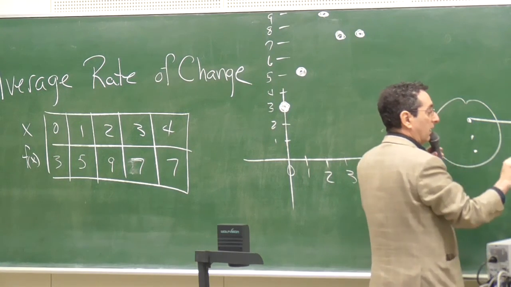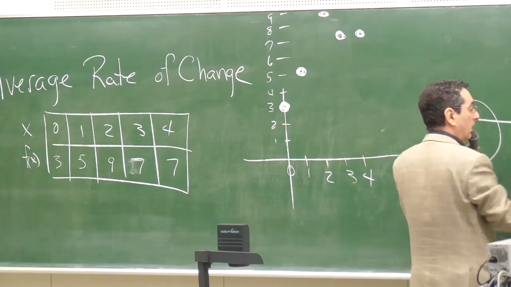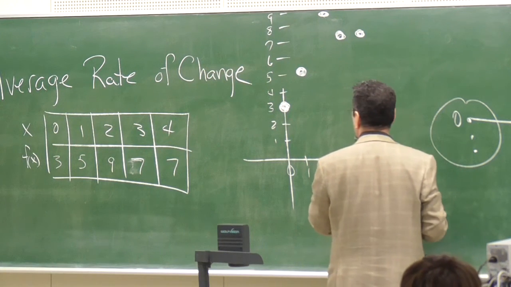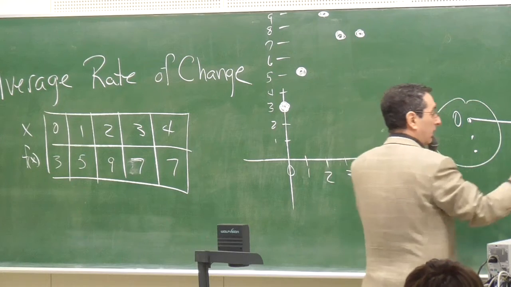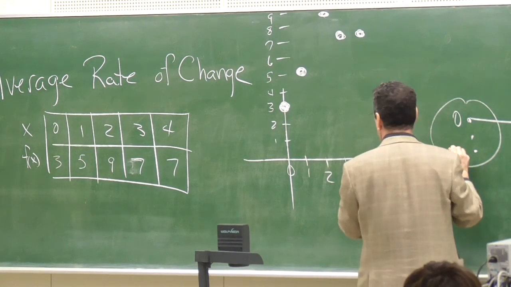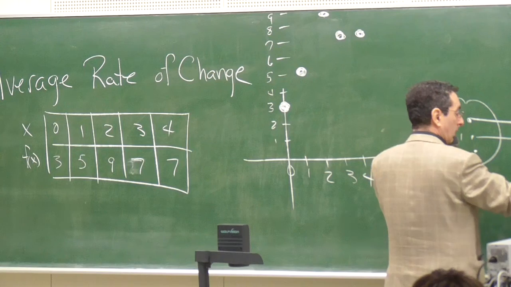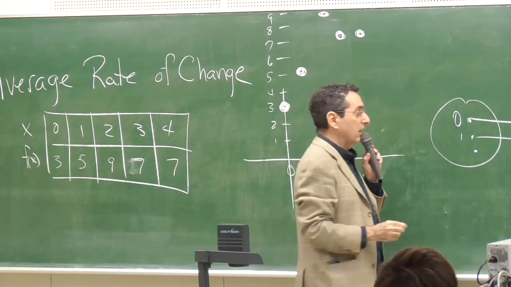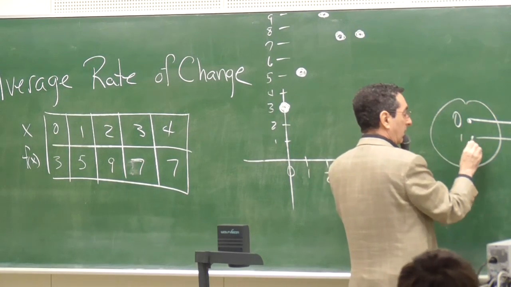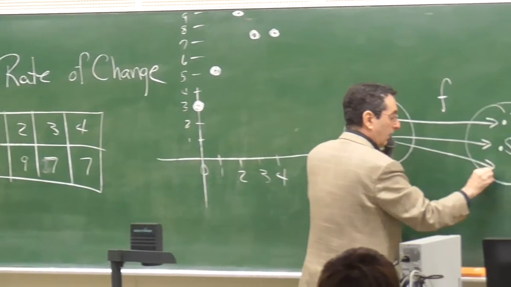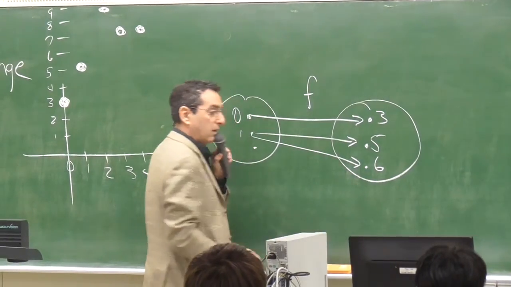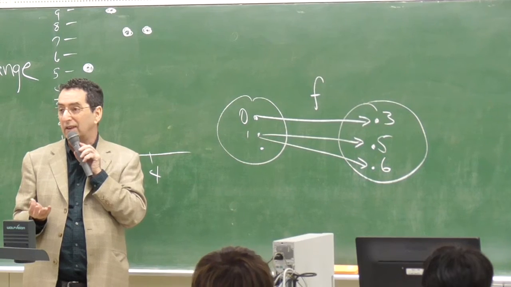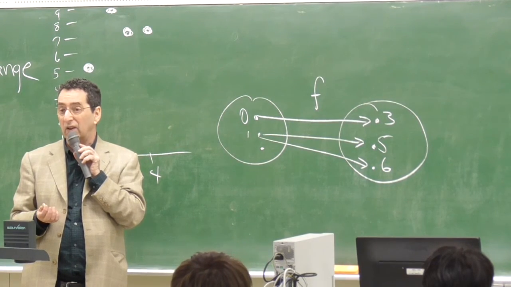For example, 0 gets mapped to 3, and 1 gets mapped to 5, and so on. The main thing is that you don't have one thing being mapped to 2. That's the thing that you have to avoid, to call it a function.